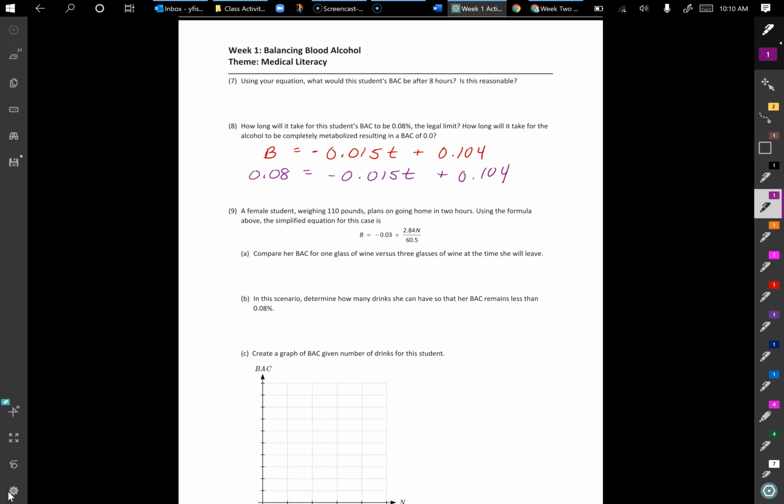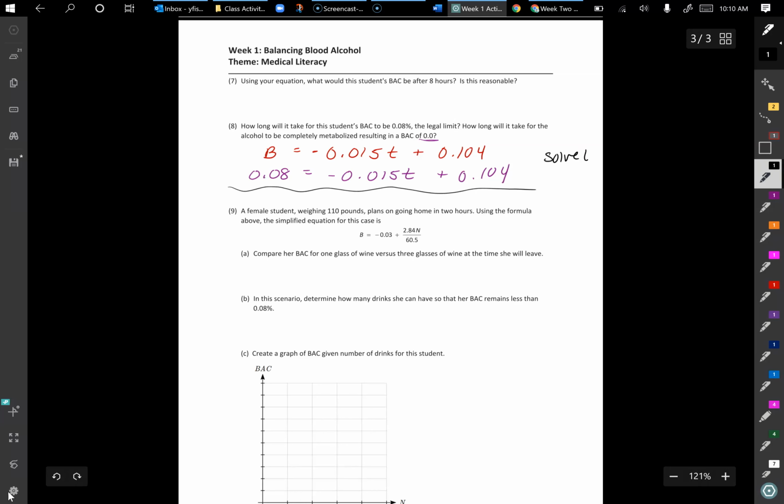So you're just using your algebra skills there on that one. For the second part, you're then going to plug in 0. So sorry about that. So this one you're going to solve for t. The second part, it's the same thing. You're just doing 0 now instead of the 0.08. So that's part 2.